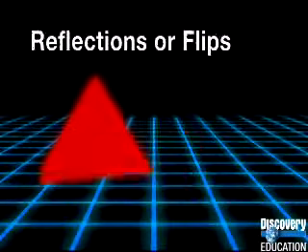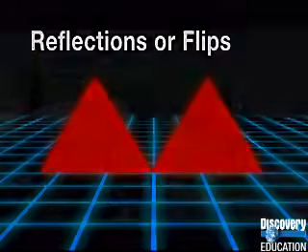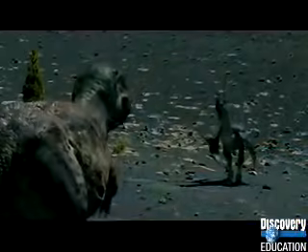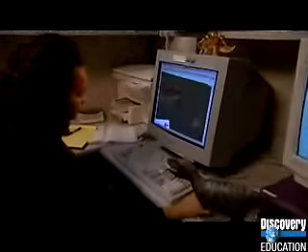And reflections, or flips, reflecting one shape to the other side to produce its mirror image. These transformations help artists build the creatures on screen with depth and the sense of motion, making the animals and their worlds look real.